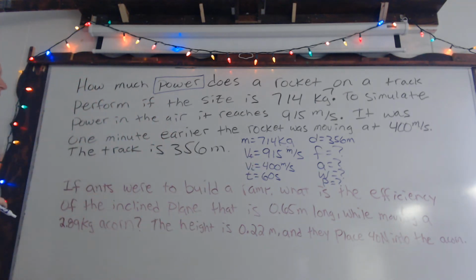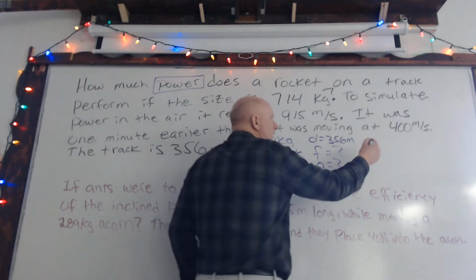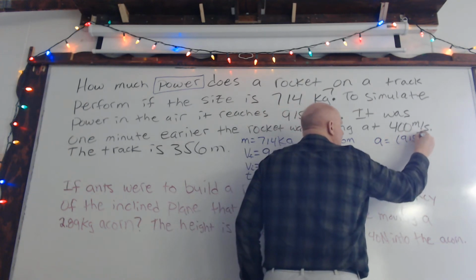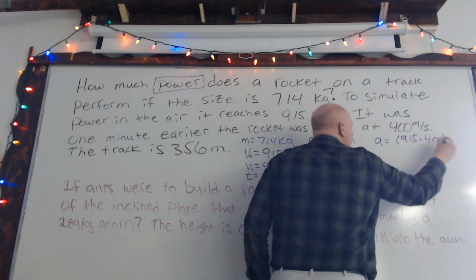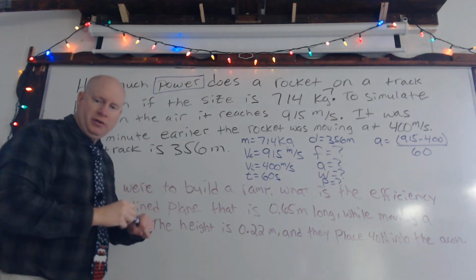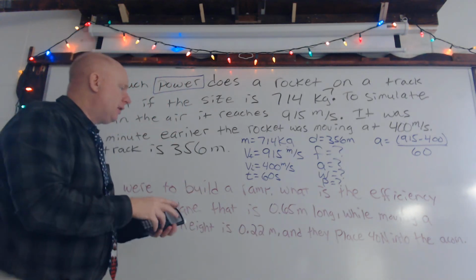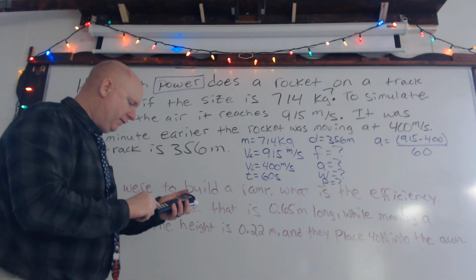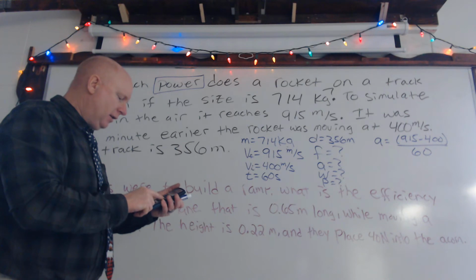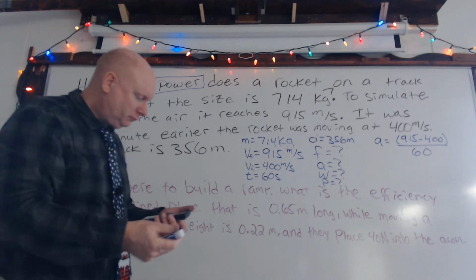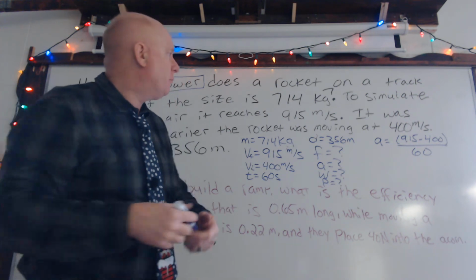So in this case, we can find our acceleration by saying acceleration equals 915 minus 400 divided by 60. Okay? So upon doing so, we take our calculator and say 915 minus 400 equals 515, and then divide that by 60. That's 8.58 meters per second squared.